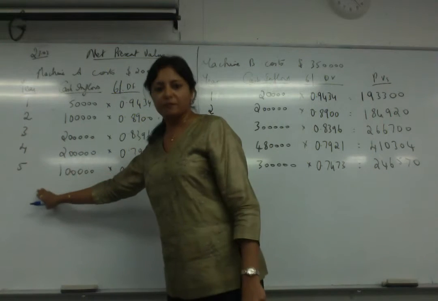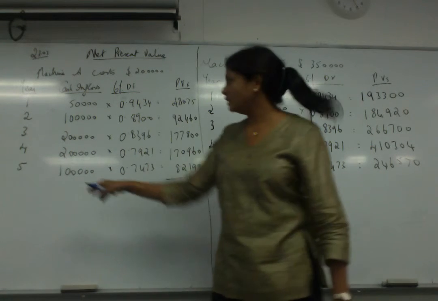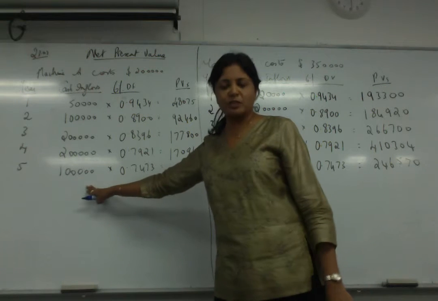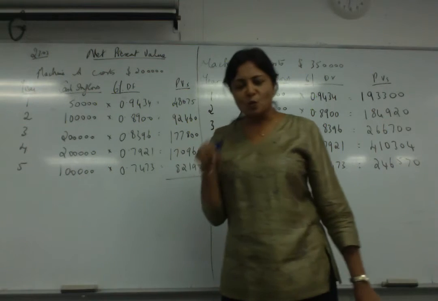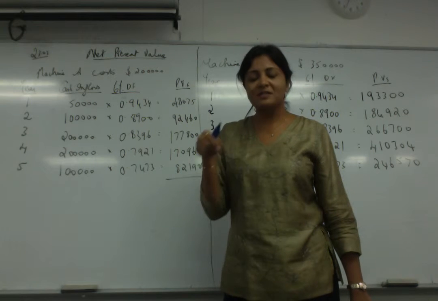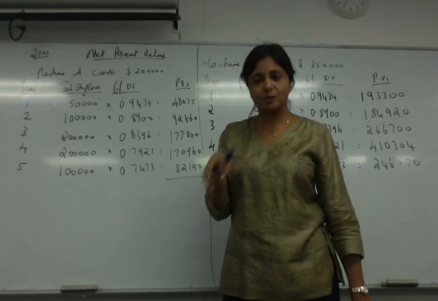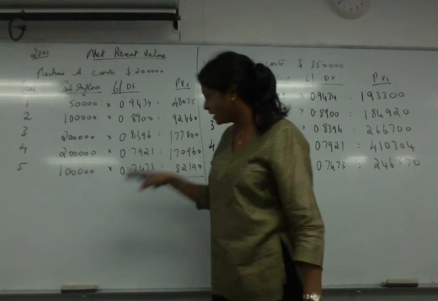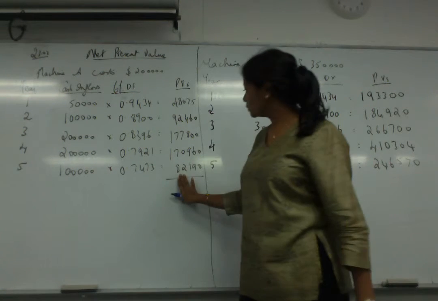Let's take in year 5. You anticipate that in year 5 you're going to receive $100,000 on machine A. But you want to know, what is it worth today? What is it worth in the present day? So the worth of that in the present day, today, as of today, is $82,190.